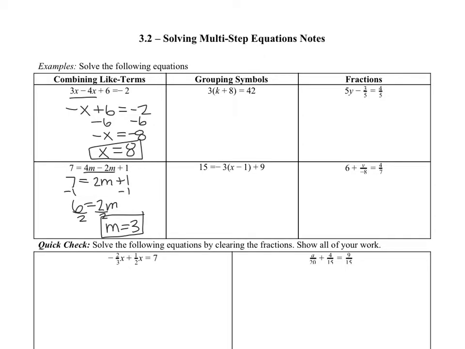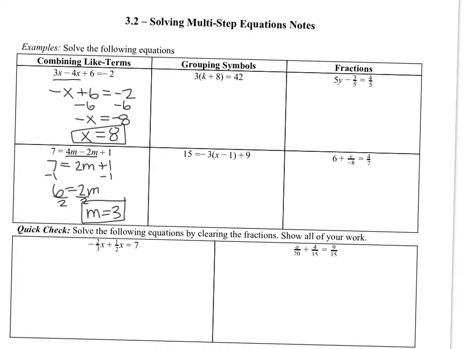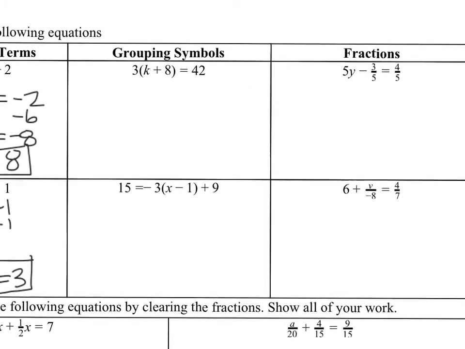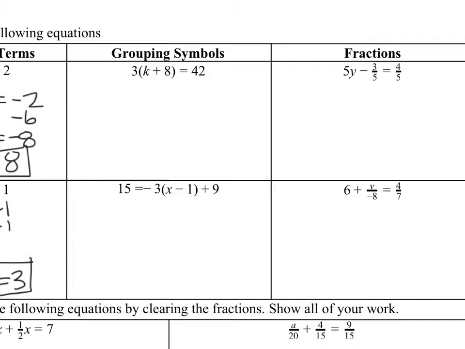So I always want to make sure that you combine like terms. And then when you have grouping symbols or parentheses, there are a couple ways that you could do this. I'm going to do each one. If you're used to doing the distributive property, you could do the distributive property first.